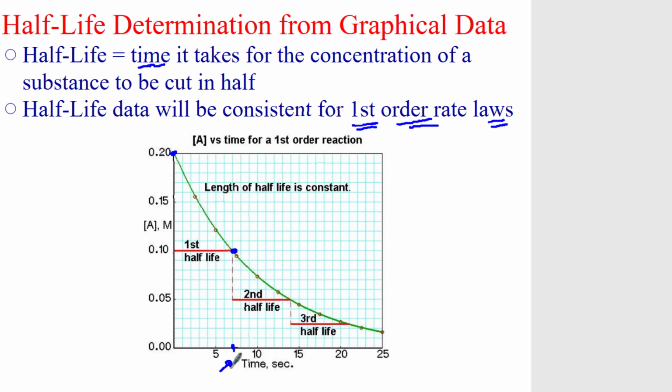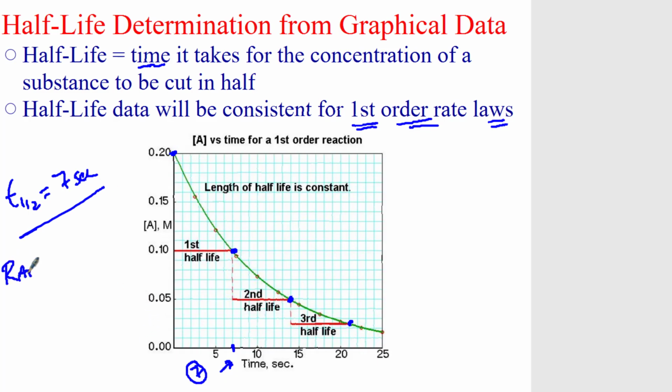It took exactly 7 seconds, which means that's the half-life. Then we go from 0.10 to 0.05, and how many seconds did that take? It took 7 more seconds. Then 0.05 to 0.025, another 7 seconds. So the half-life, what we call t1/2, is going to be 7 seconds. That is the half-life of this reaction.